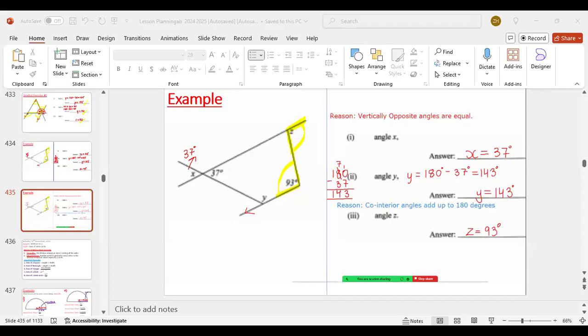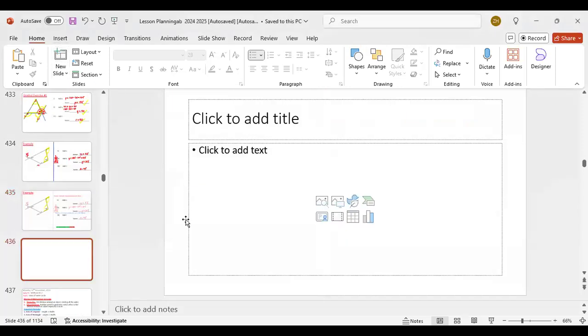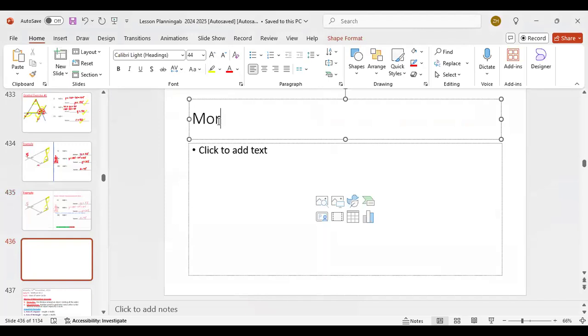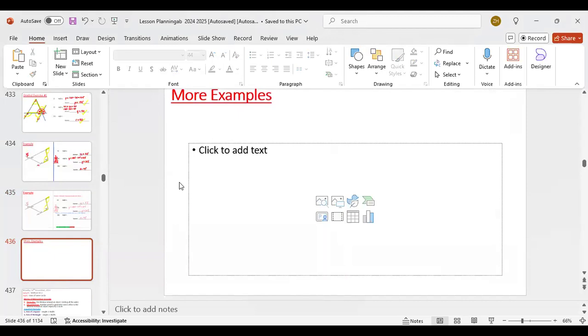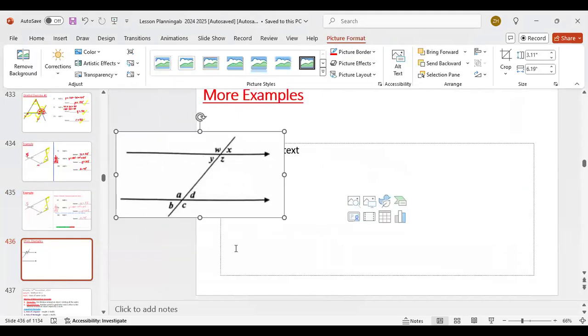So I want us to do this one. They want us to identify all of the... Okay, good. Some more examples. The instructions are very clear, right? So let me put this here.